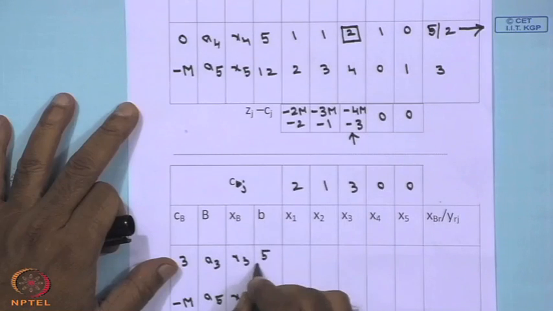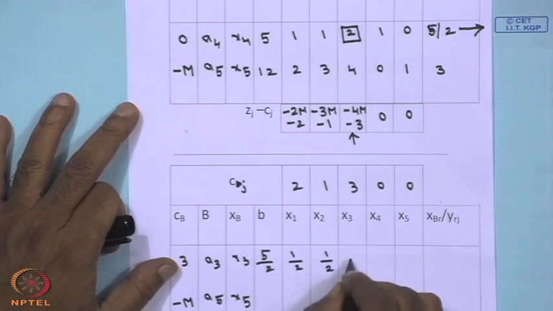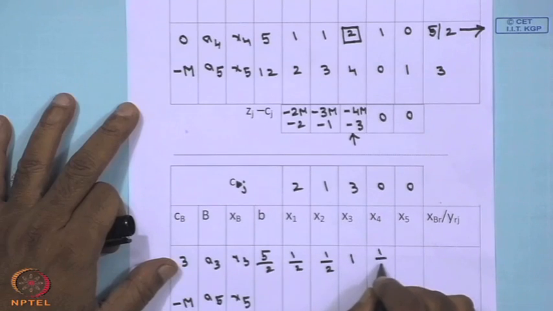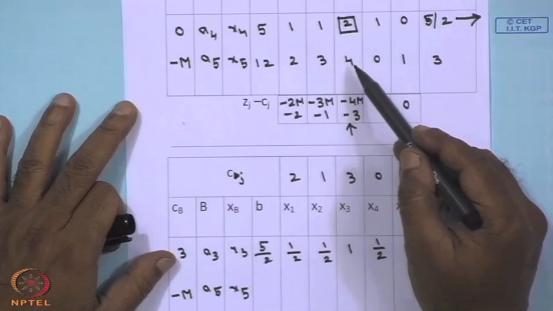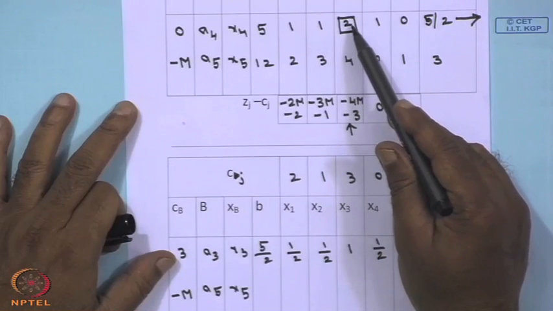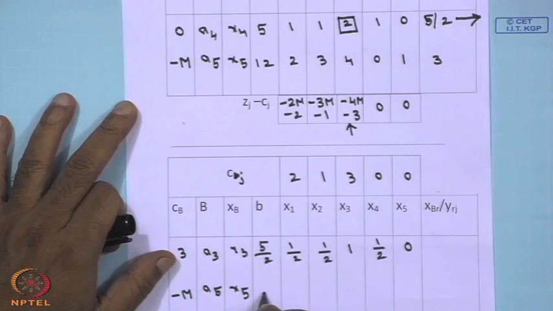After dividing by 2, this becomes 1 half and 0. Now, for this one, this minus 2 times this, so that this becomes 0. Computing like this for all, you will get 2, 0, 1, 0, minus 2 and 1.